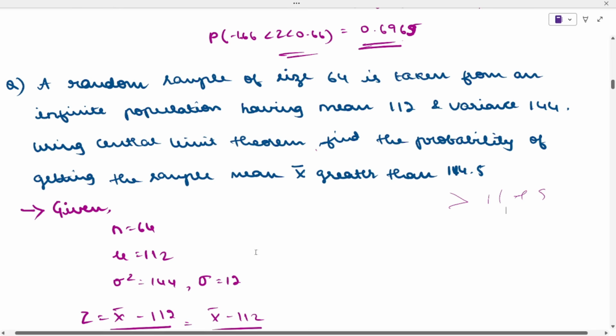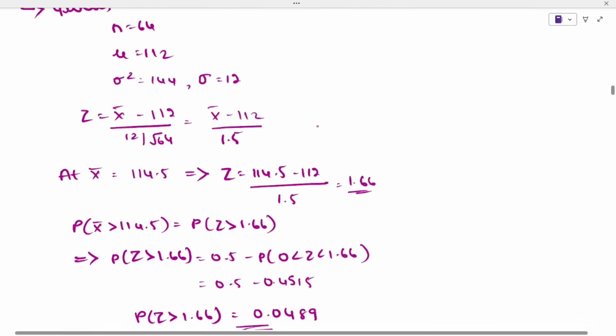In order to find it, you will just substitute in the formula, that is x bar. If you substitute, 112 by 1.5, and for 114.5, as I said, you will get 1.66.